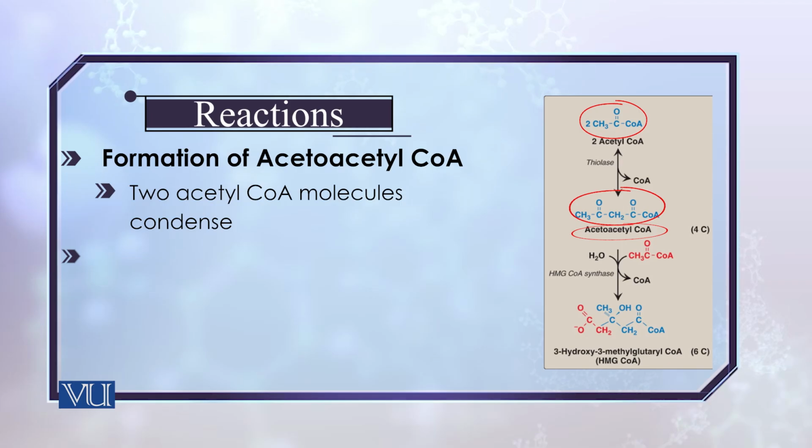So the 4-carbon acetoacetyl-CoA is converted by the action of the HMG-CoA synthase enzyme, and we get HMG-CoA, 3-hydroxy-3-methylglutaryl-CoA.